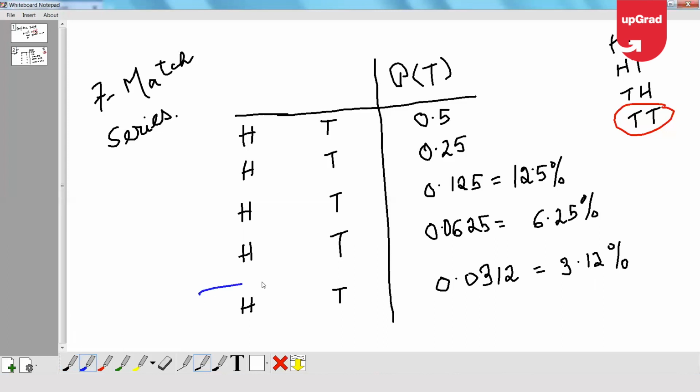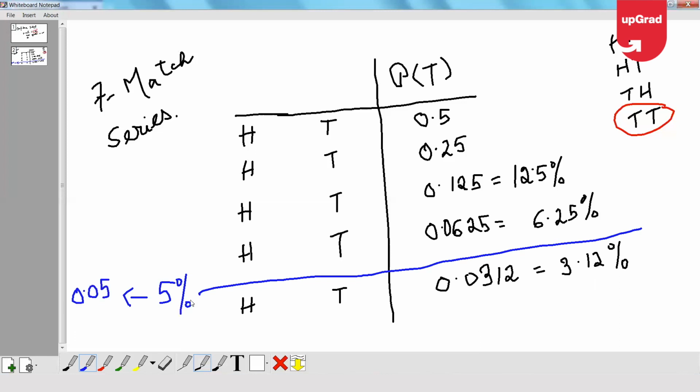So the barrier below which we generally start doubting is kept at 5%, or 0.05, whatever you want to say. And this barrier is nothing but my confidence interval. Now, is it every time that it will be 5%?